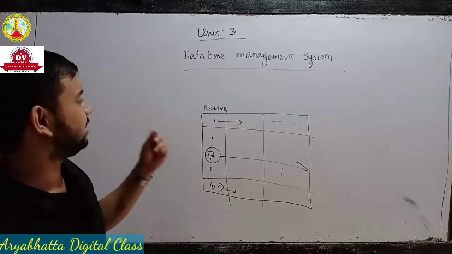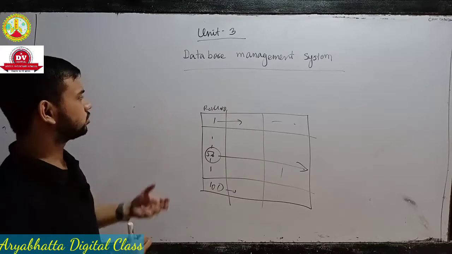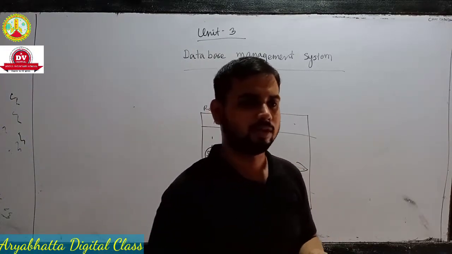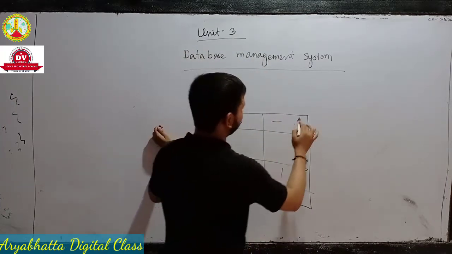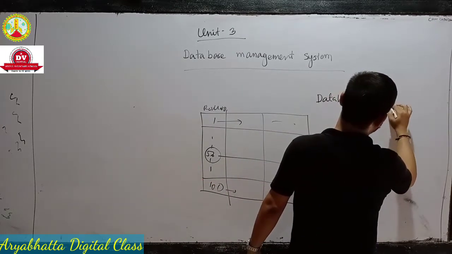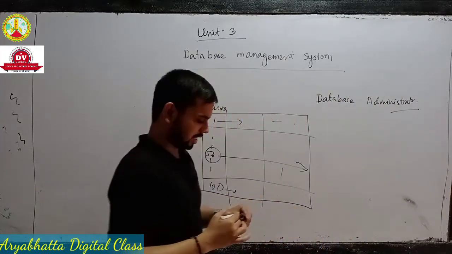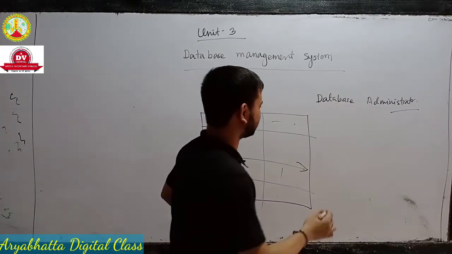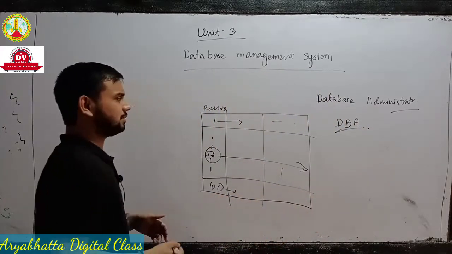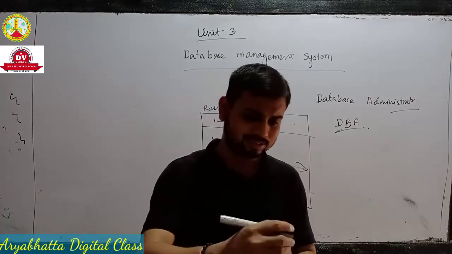The main thing is the person who controls the database, who actually operates the database management system, that person is called database administrator, also sometimes called DBA, same name. The database administrator's purpose is to manage the database.